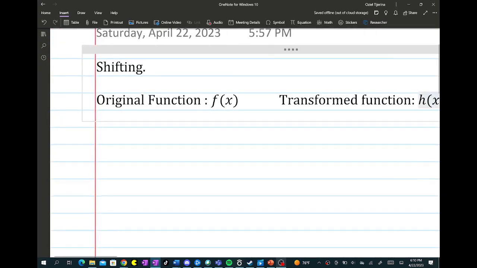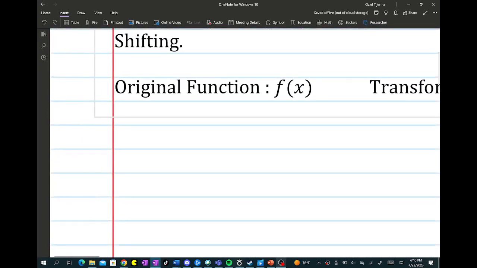Now, when I talk about shifting of functions, there's one part called a vertical shift, right?